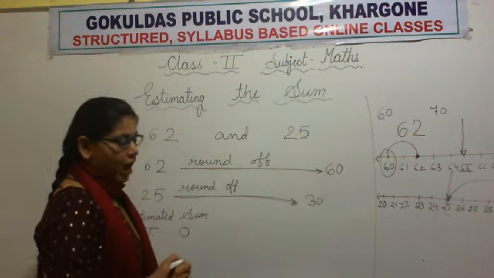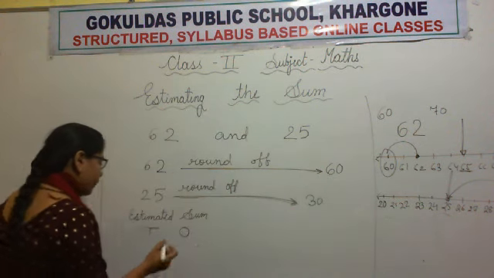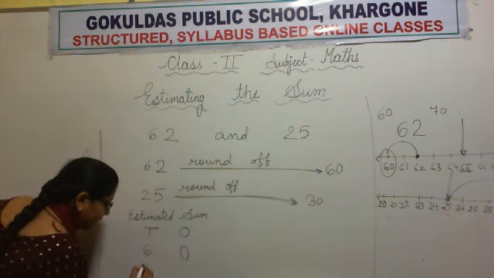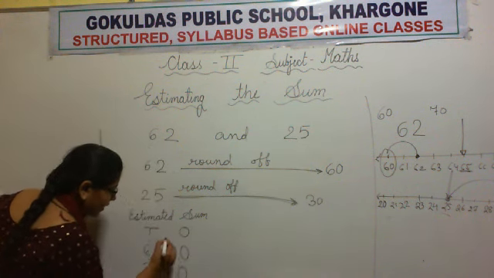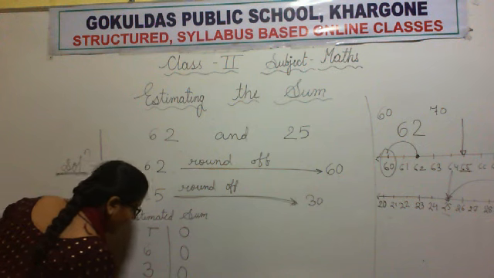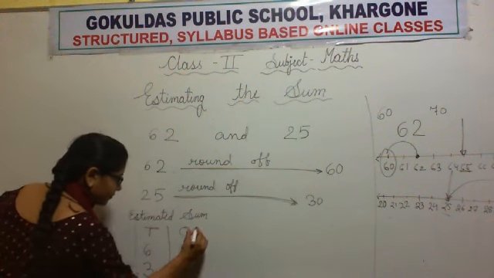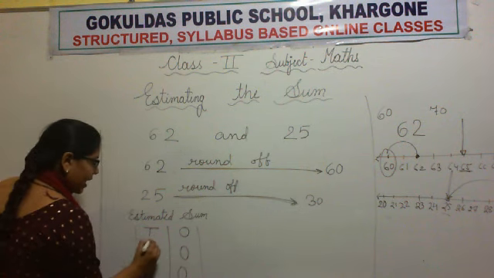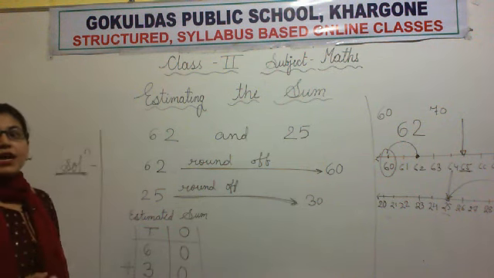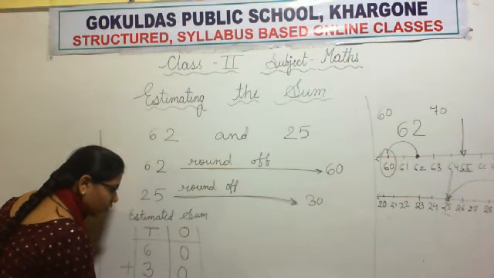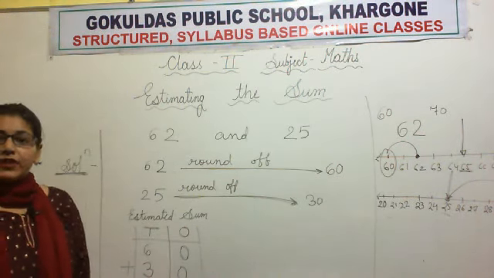Now, the first addend is 60 and the second addend is 30. So let's add them. 0 plus 0, 0. Yes, very good.